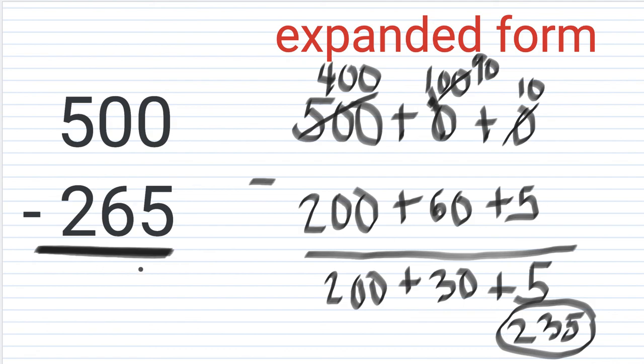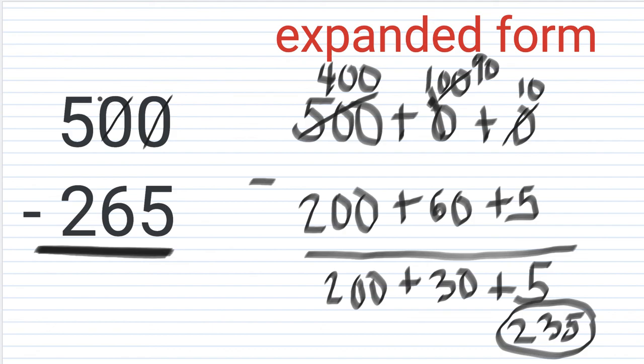Now let's do the shortcut. 0 minus 5, it's not possible. So this 0 must borrow 10 from here. But since this is 0 and has no value at all, this 0 must borrow from the 5. Must borrow 10 from here.